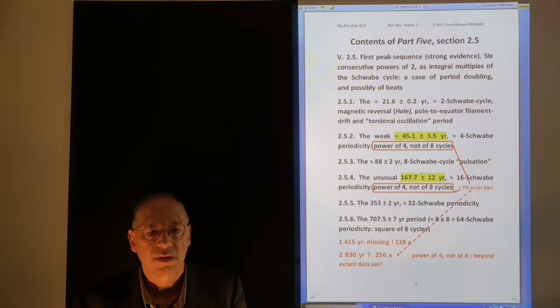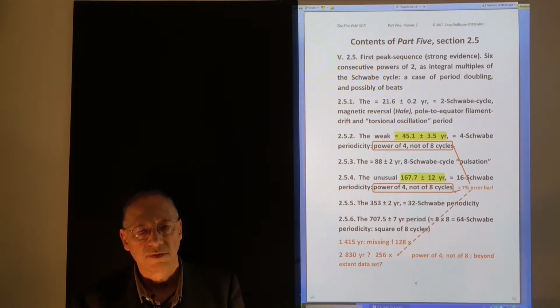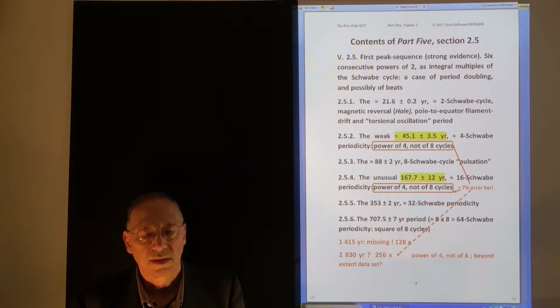This is the 45-year period of about 4 Schwabe cycles, and the 168-year detected period of about 16 Schwabe cycles. The shared characteristic in terms of a spectral analysis for these two oscillations is that their peaks are very smeared compared to the others.